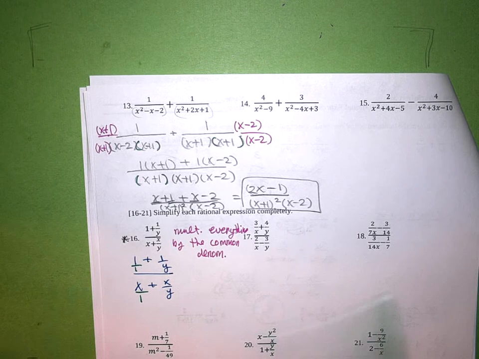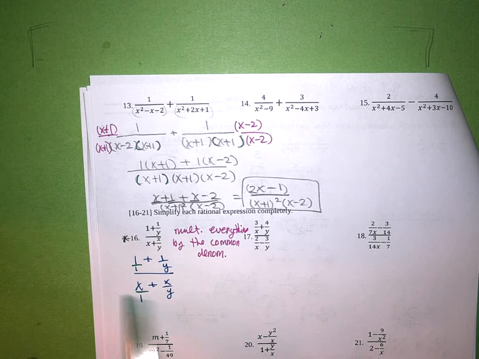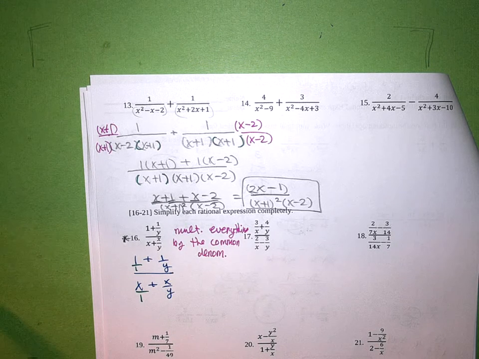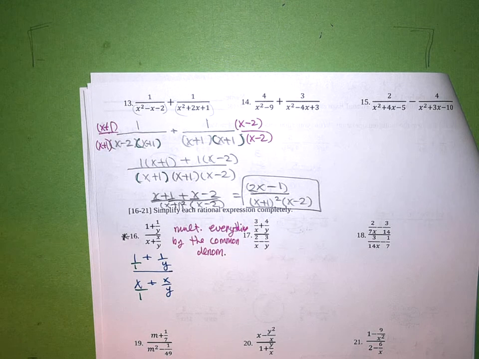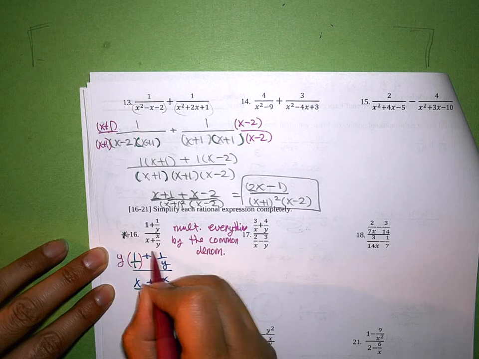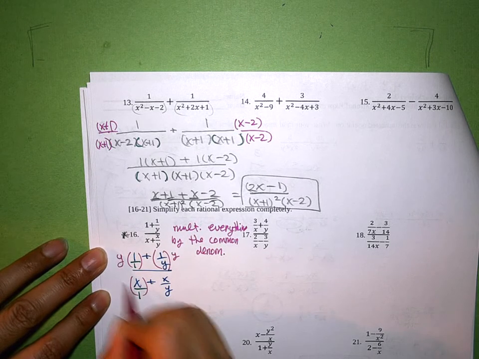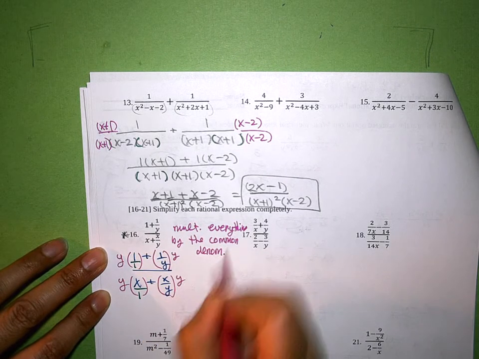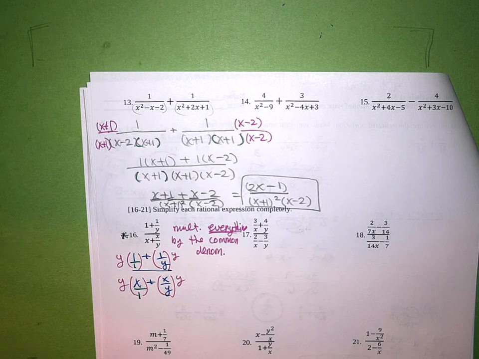In this case, there's four fractions. You look at all four fractions and you multiply by the common denominator. And my common denominator here is y. So I'm going to multiply this fraction by a y, this fraction by a y, this fraction by a y, and that. So I multiply everything by the common denominator.